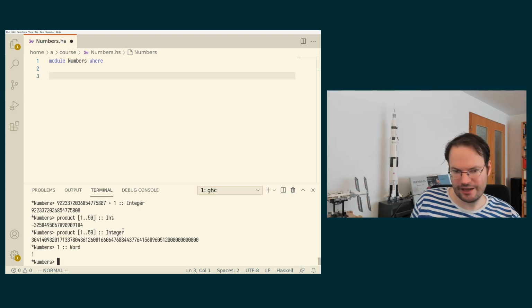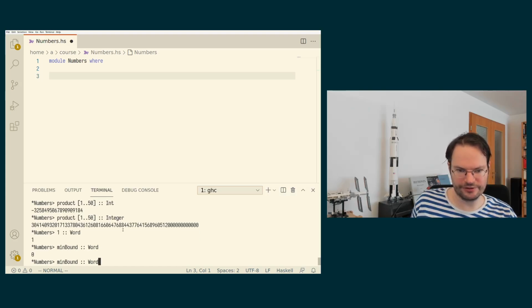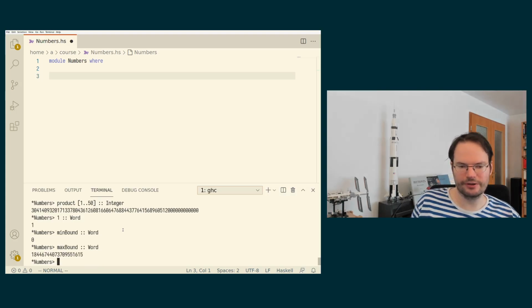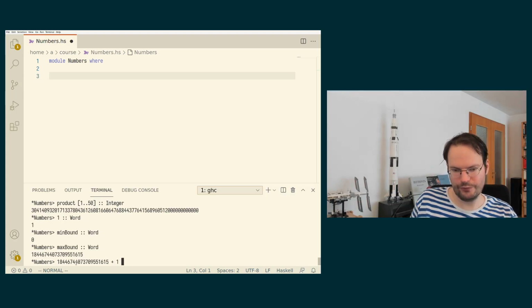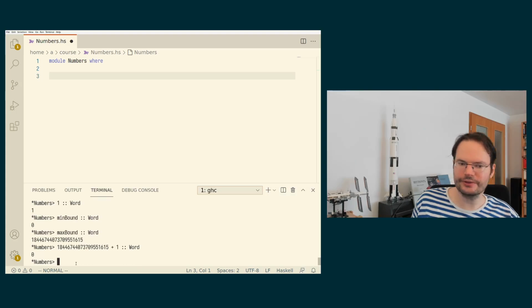Word is an unsigned 64-bit integer, so Word is also bounded, but the minBound of Word is just 0, not a negative number. The maxBound of Word is a correspondingly slightly larger number, and if we add 1 to this on Words, we get an overflow, which starts from 0 again.